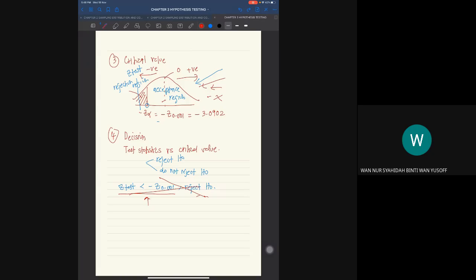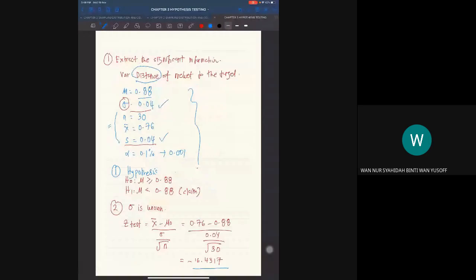So, reject H null. Step 5, conclusion. Basically in the conclusion, we write what happened to the claim. Rejecting H null means that we say no to H null, so we support or accept H1. Because the claim is at H1, we support the claim.